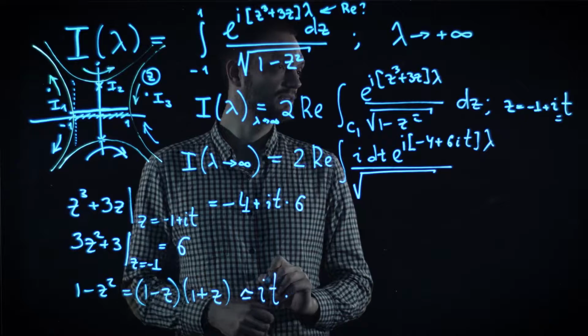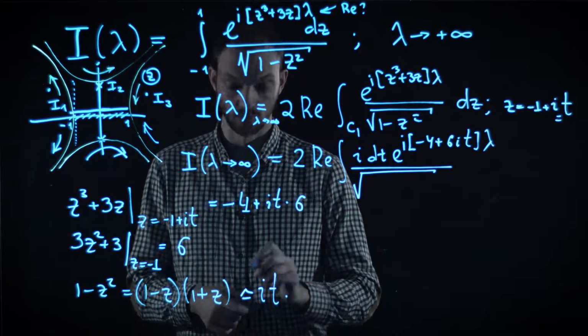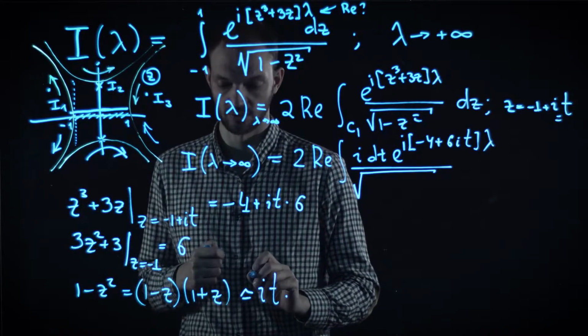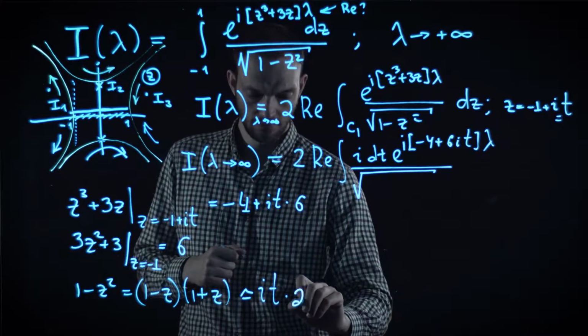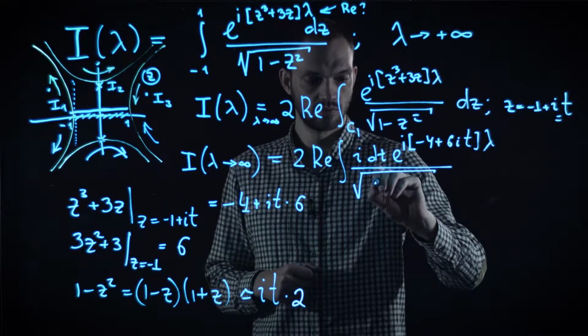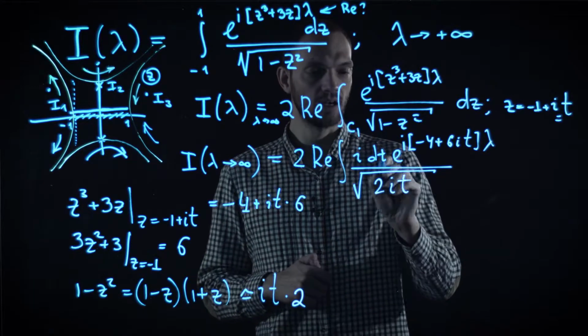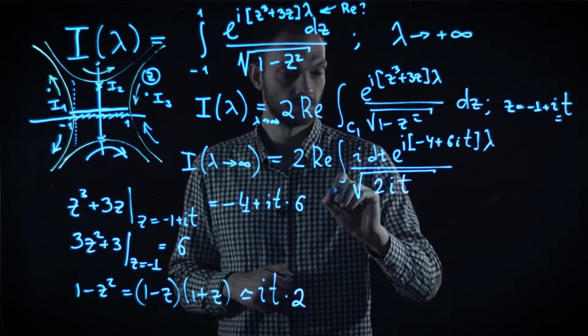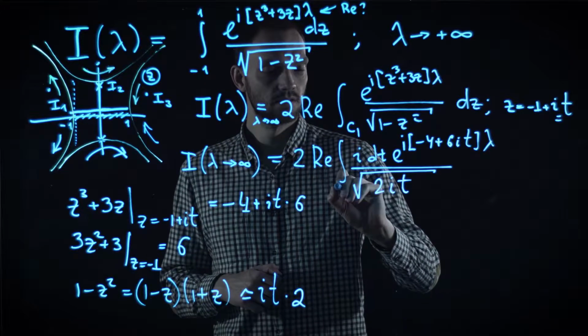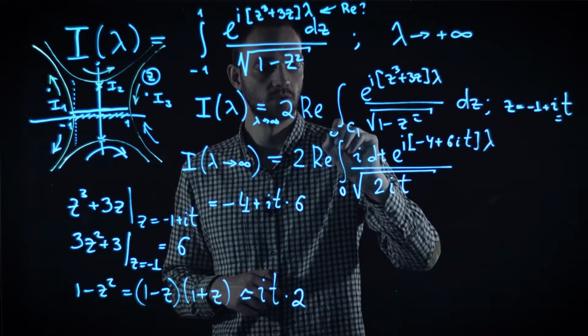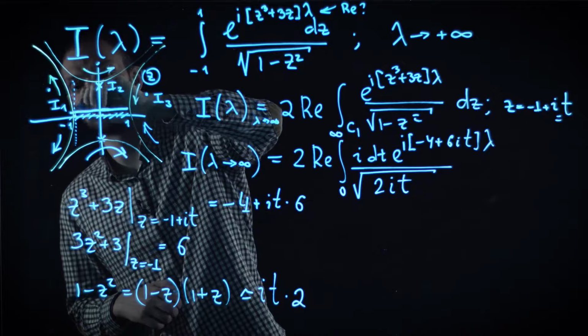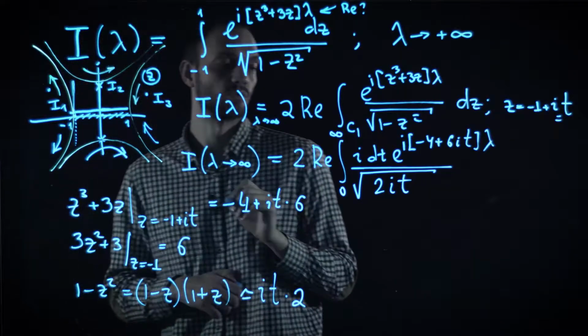And 1 minus z can be simply replaced with 2, because z is approximately -1. So here goes to it. And integration goes now from 0 to infinity, which corresponds to this part of the contour.